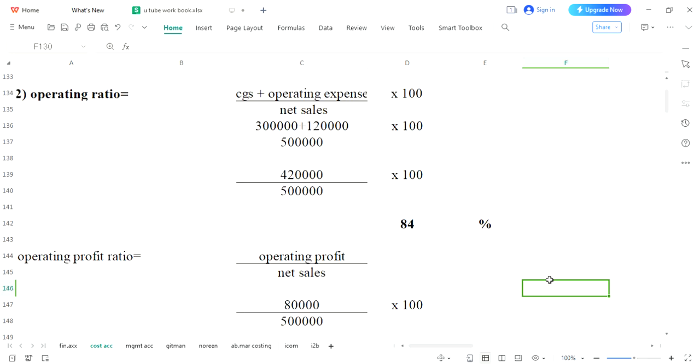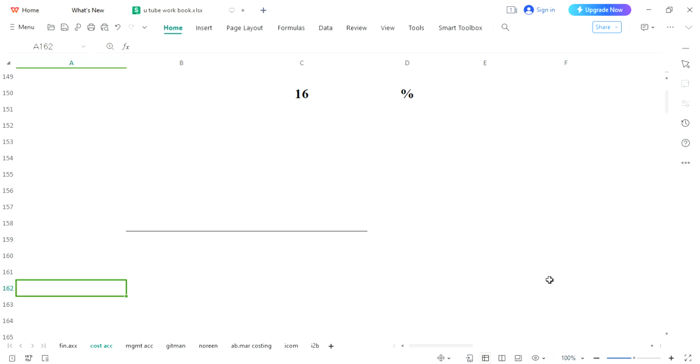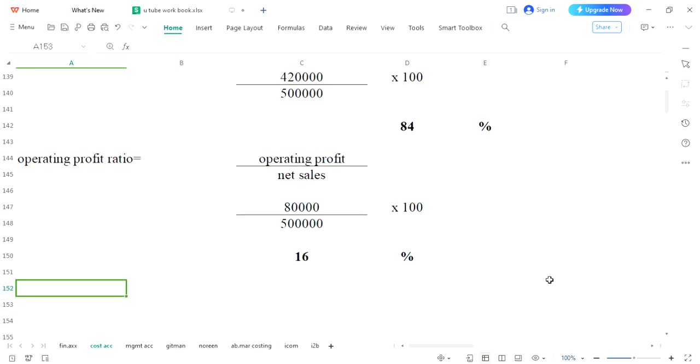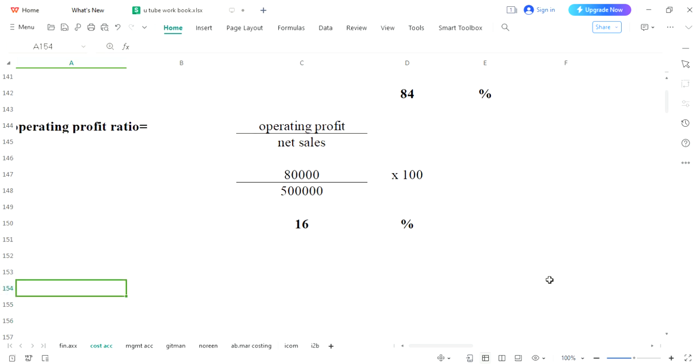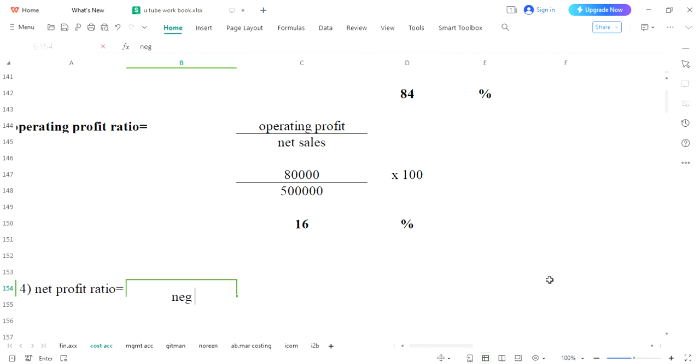So final formula which is required, this was operating profit ratio, and now we are calculating fourth and last formula, which is net profit ratio. How do we calculate? For this we need to have net profit, and that would be divided by net sales.